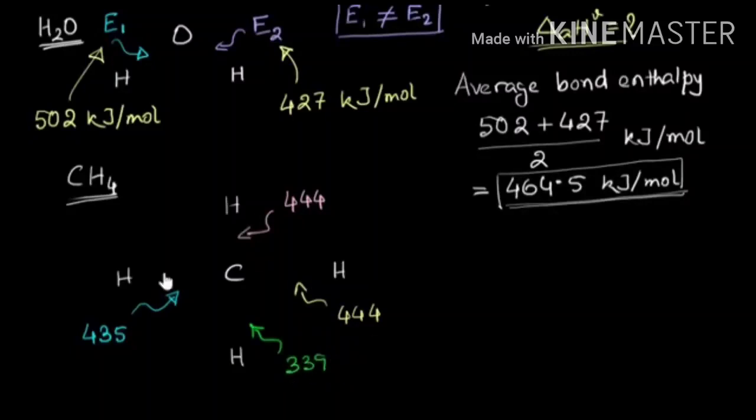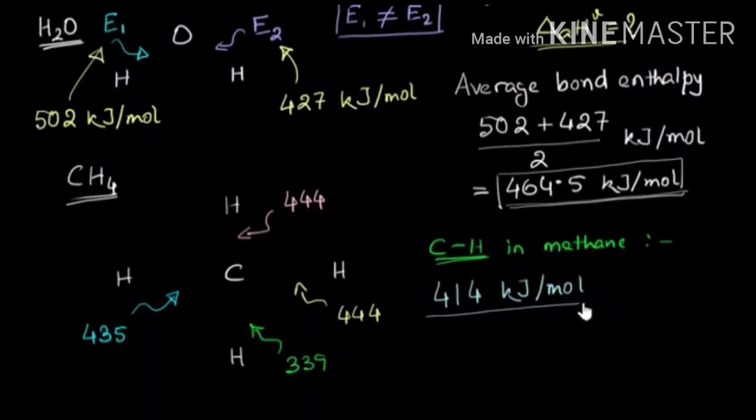that is 339 kilojoule per mole. In the case of polyatomic molecules, we must take the average energy. So, for calculating the average energy of the carbon hydrogen bond in methane, we add these 4 energies and then divide by 4. By calculating, we find that the average bond energy in the case of the methane molecule is 414 kilojoule per mole.